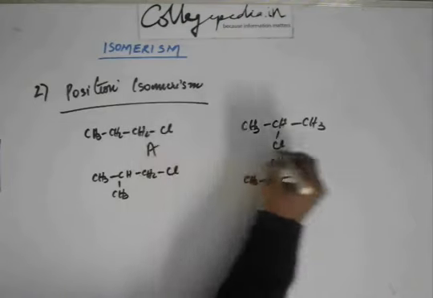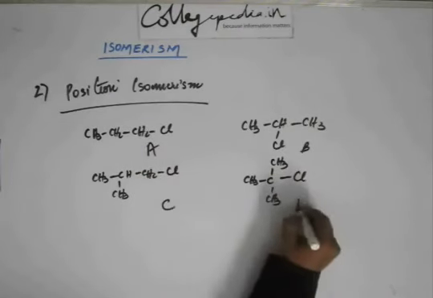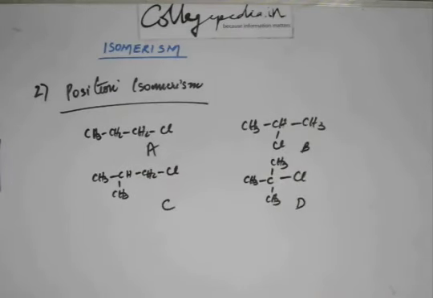Now let's name them A, B, C and D. Question number 1. Which of the above are positional isomers? Now A, B, C, D. Choose two compounds which are positional isomers. A pair of compounds which are positional isomers.